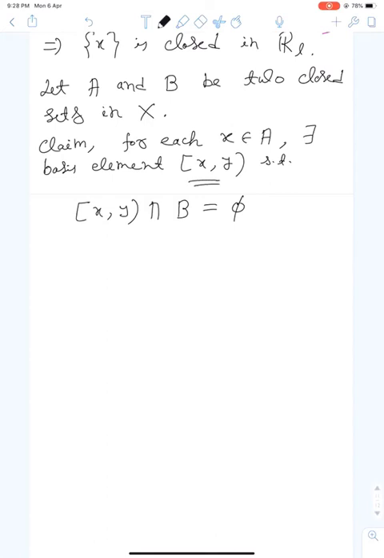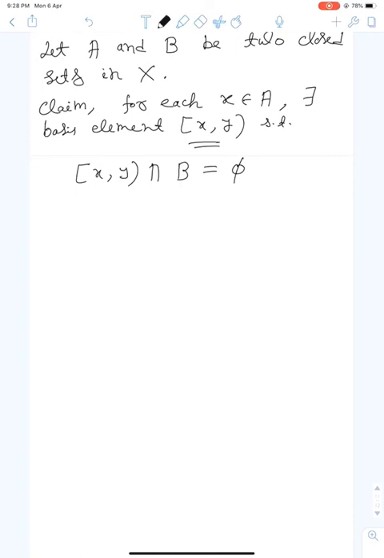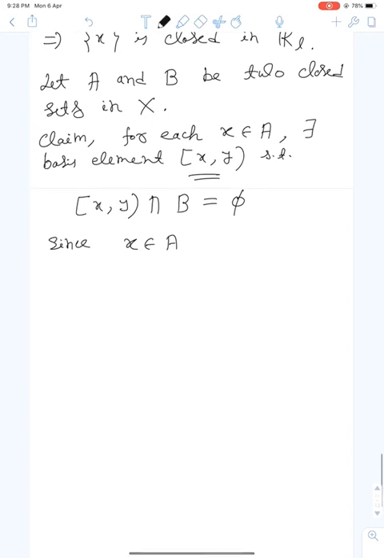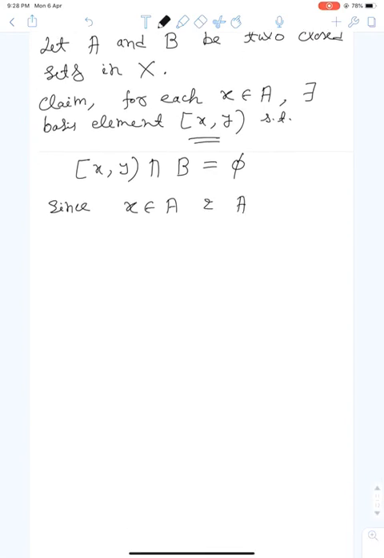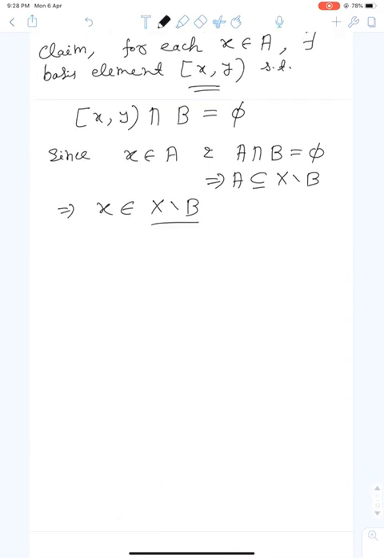This is also simple to prove. Why? Because x belongs to A, right? And A intersection B is empty, therefore A is a subset of X minus B, right? That implies x belongs to X minus B. Now B is closed, so X minus B is open.